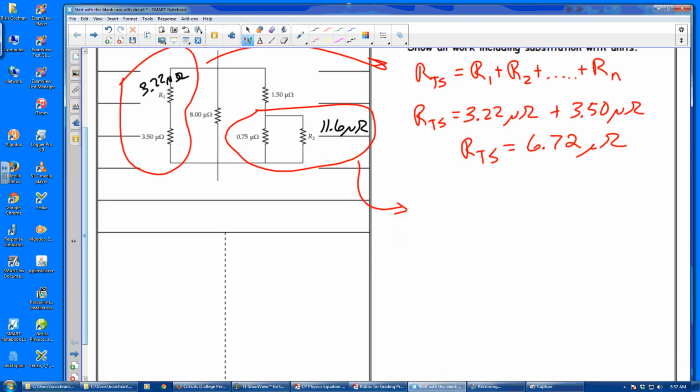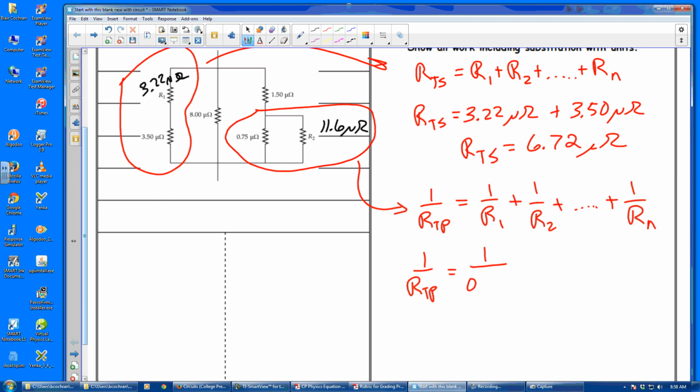And then I'm going to do these. So 1 over R total parallel equals 1 over R1 plus 1 over R2 plus ... plus 1 over Rn. And so I have 1 over RTP equals 1 over 0.75 microohms plus 1 over 11.6 microohms.